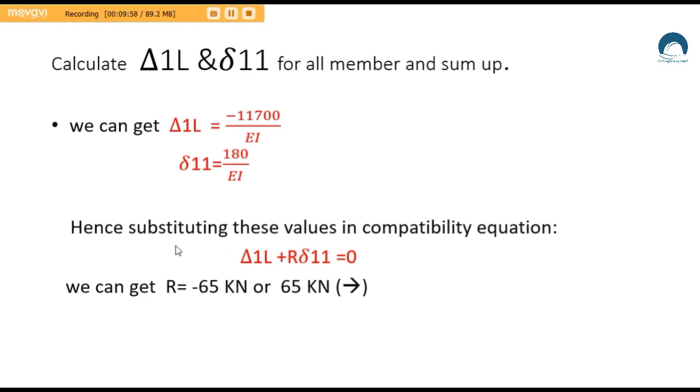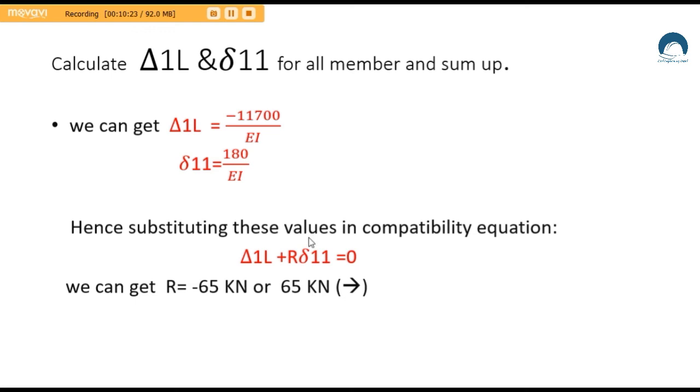Now we will substitute these values in the compatibility equation. We substitute delta 1L by minus 11700 over EI plus R, where R is the value of the reaction we have to calculate, that is, the horizontal reaction at support A, which we removed.